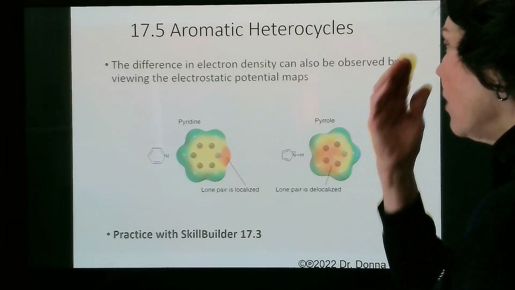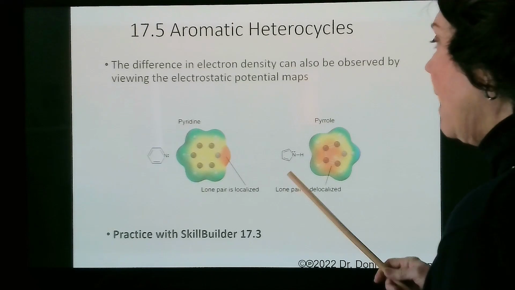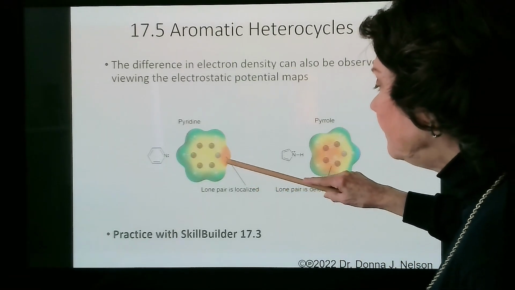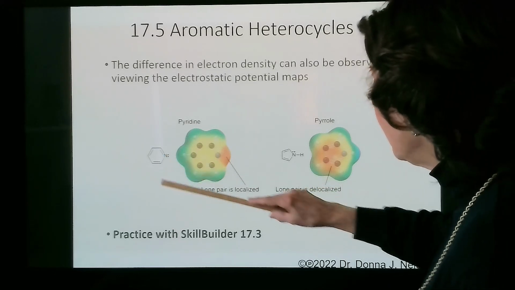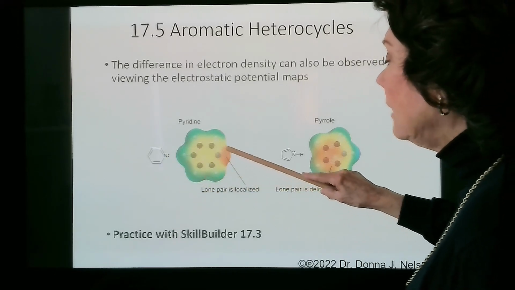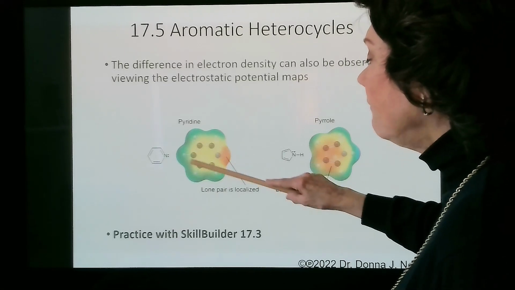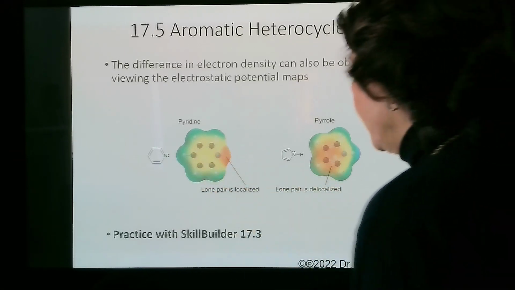Now you can see the electron density maps, the electrostatic potential maps. Here is nitrogen. You can see the pair of electrons on nitrogen is sort of localized on nitrogen because it's not involved in the pi ring.